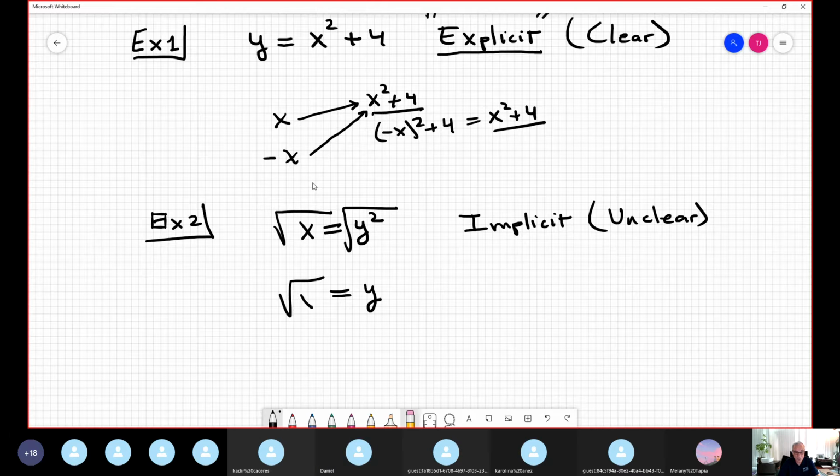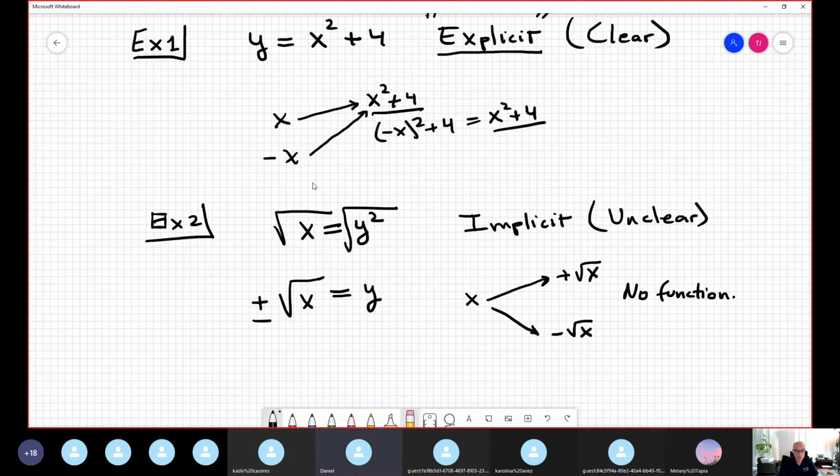But on the right hand side, we have two values, plus and minus. Therefore, it's not a function, unfortunately, because one value of x generates two values of y: one positive radical x and one negative radical x. So no function.